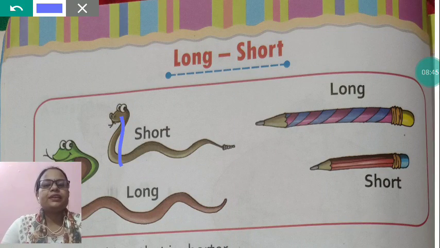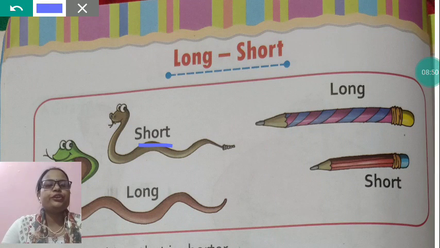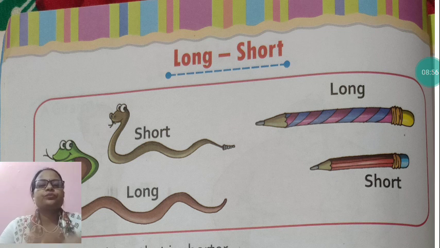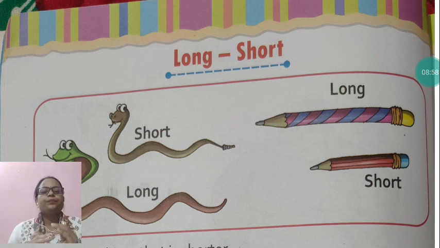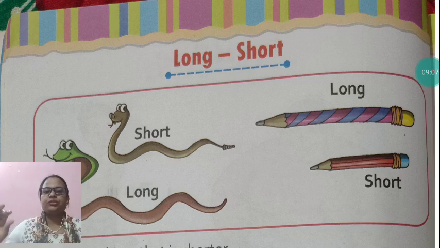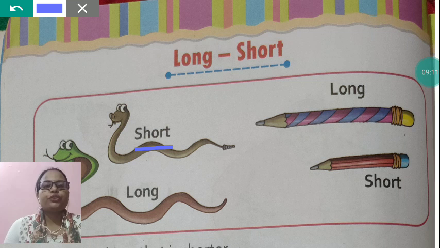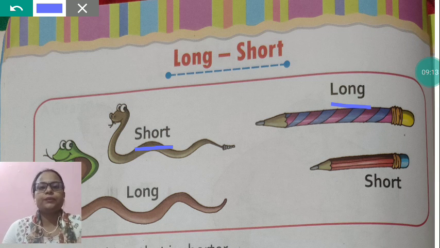Now you can see here this snake is short, but this pencil is long. So short, the size is small, but long, the length is large. Short, and the opposite of short is long.